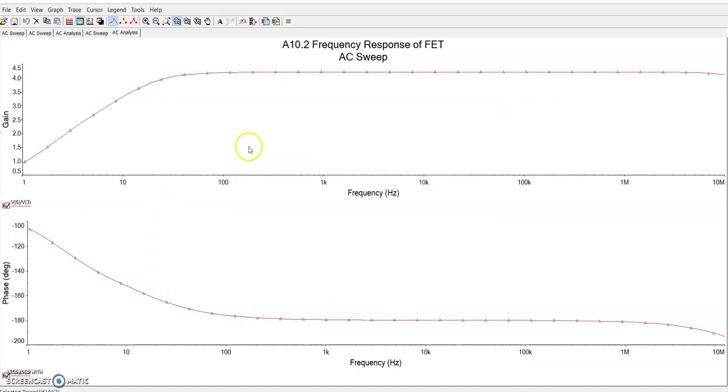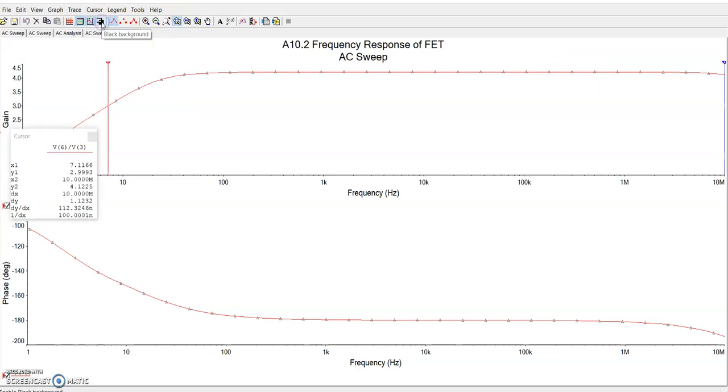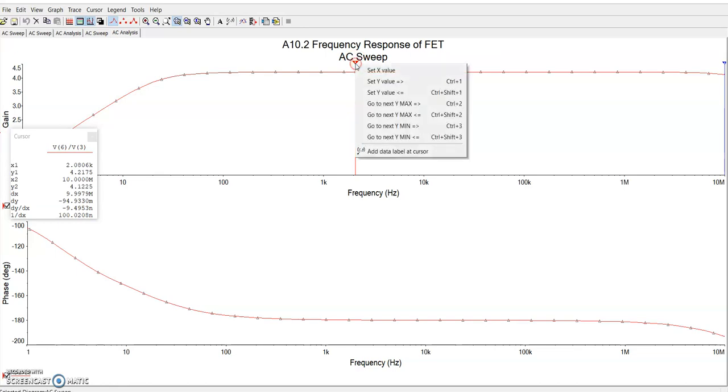Now we are going to calculate the bandwidth. Show cursor. Here we can see that the midband value is 4.217 and something. So we are going to subtract 3 and set the value.